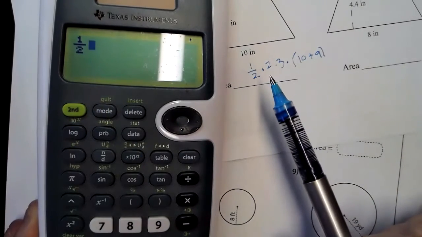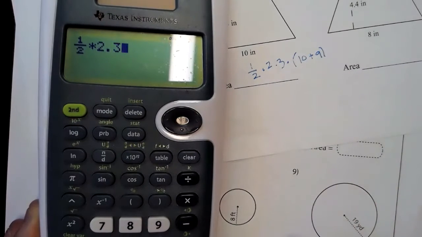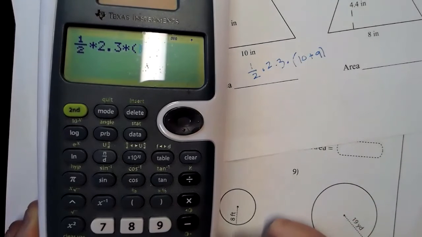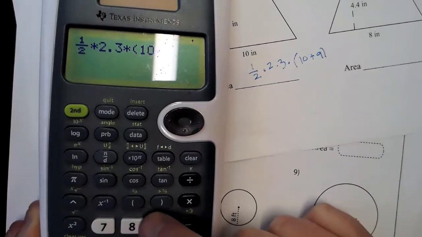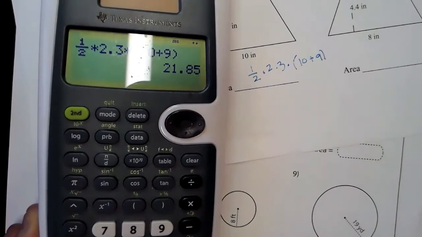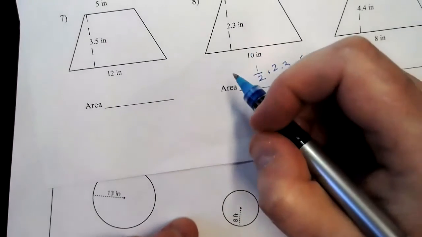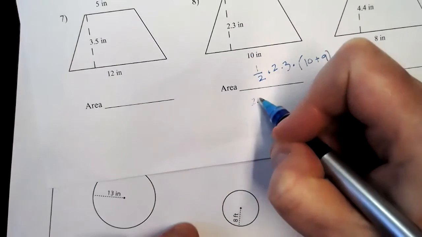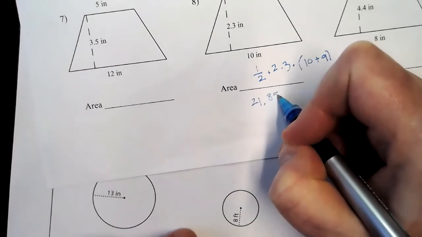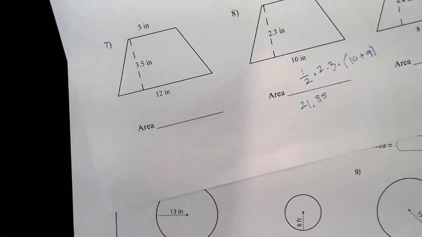Next, times 2.3, times, and you can use your parentheses here right above the 8 and the 9, 10 plus 9, close parentheses, enter. 21.85. So the area of this trapezoid is 21.85, just like that.